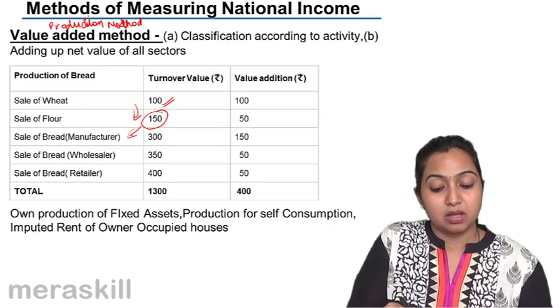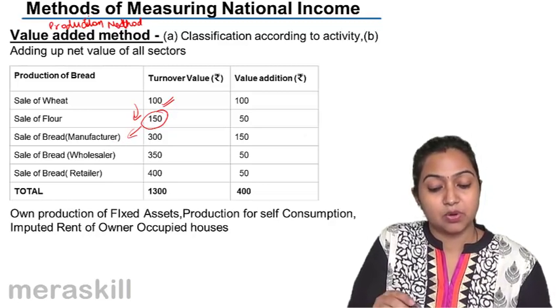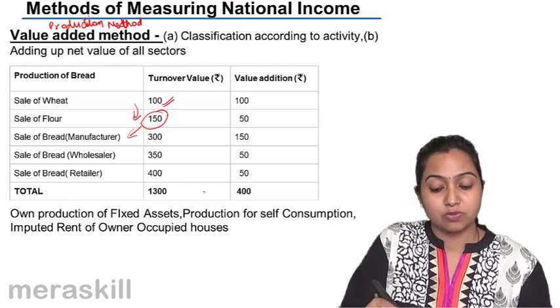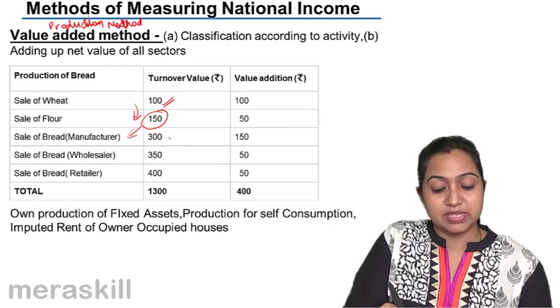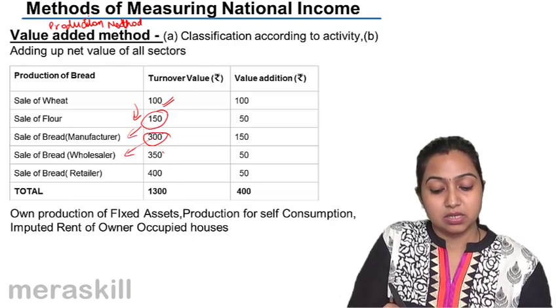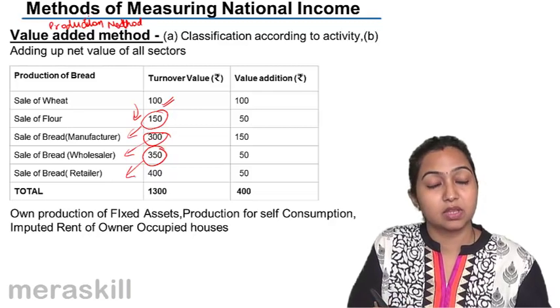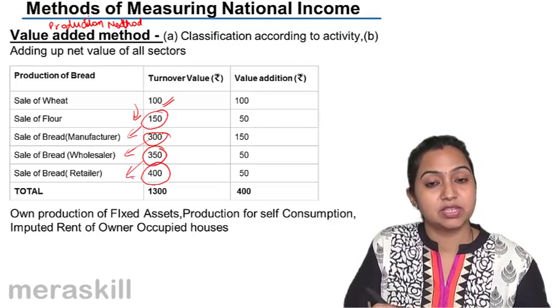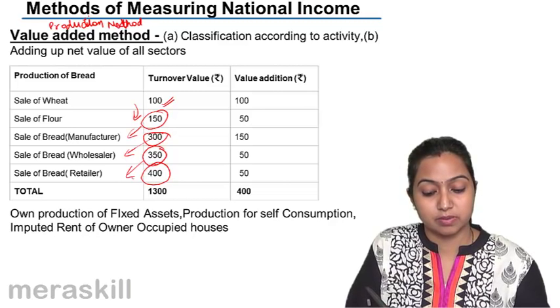So the baker bought the flour at the price of rupees 150. He manufactured bread out of it at a price of rupees 300 and sold it to the wholesaler. The wholesaler sold it at a price of 350 to the retailer. And the retailer finally sold the bread at a price of rupees 400.